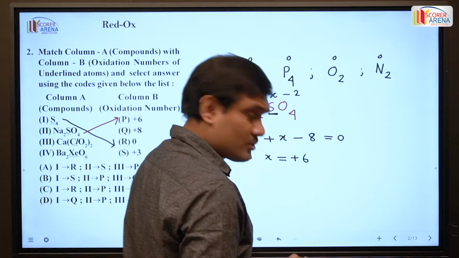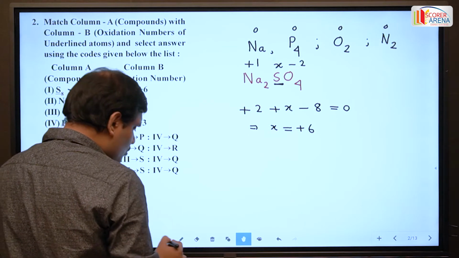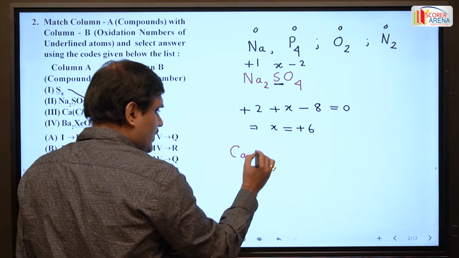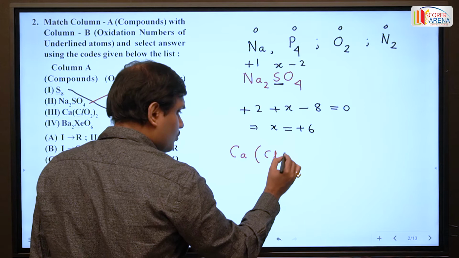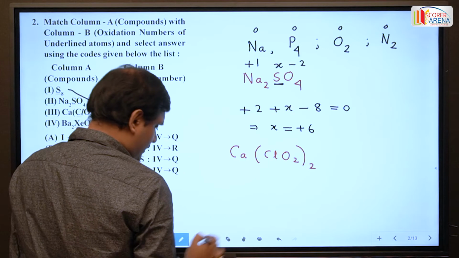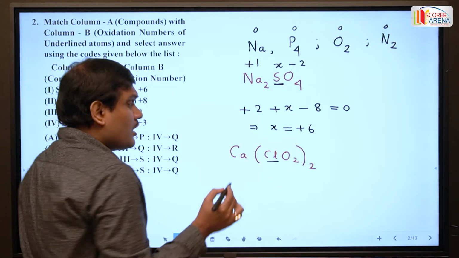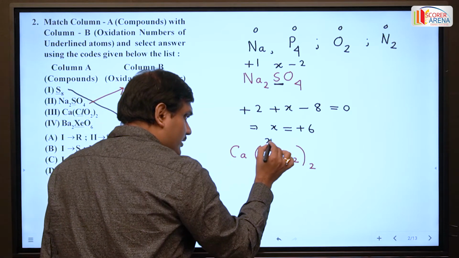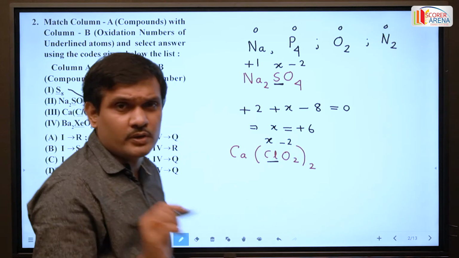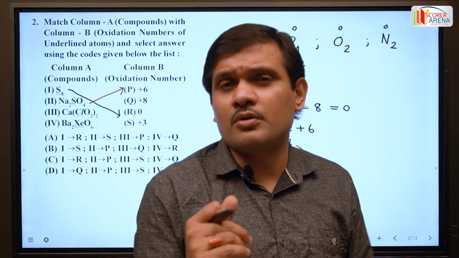Now next, in Ca(ClO2)2, I have to find out the oxidation number of chlorine here. Always, the element which we have to calculate, take it as X. Oxygen will be -2. Now calcium is a group 2 element, and being a group 2 element it shows a common valency 2.